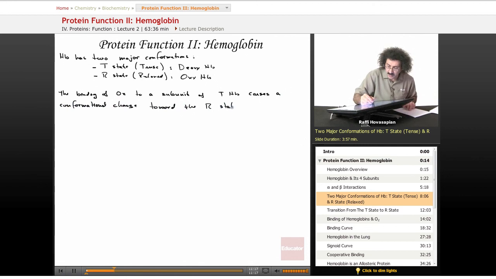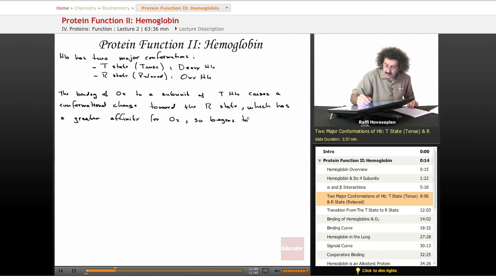Toward the R state. And again, it is a transition. It isn't just boom, it goes to the R state. Toward the R state, which has a greater affinity for O2. So it begins to bind more O2.